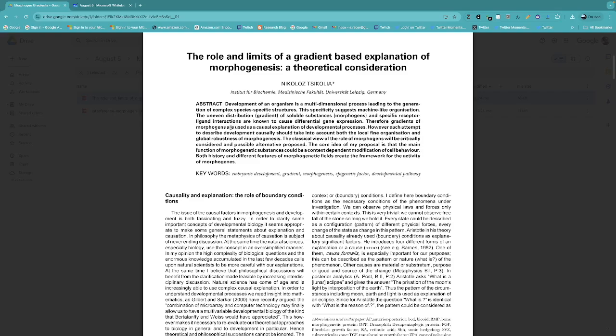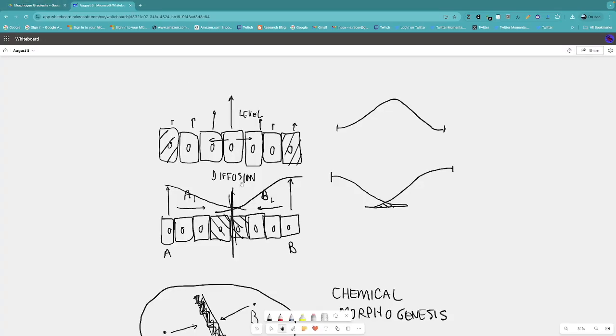Therefore, gradients and morphogens are used as a causal explanation of developmental processes. So what I showed you in the gradients, these are causal. When there's a gradient of a chemical, it triggers differential gene expression in these cells, and maybe in this middle region versus the end regions. And that results in differential gene expression, which varies across this region.